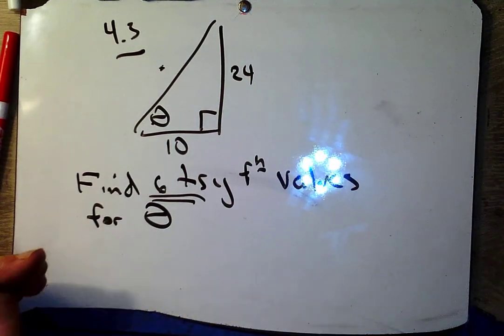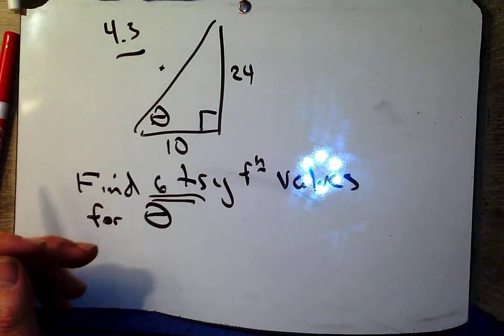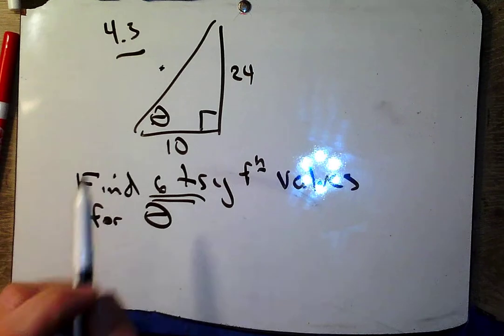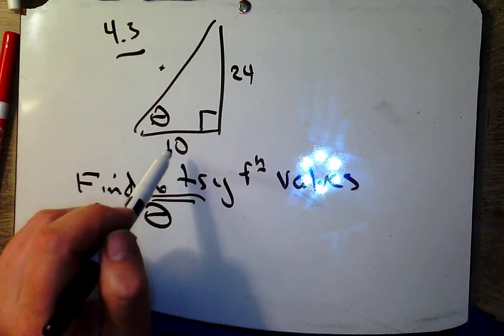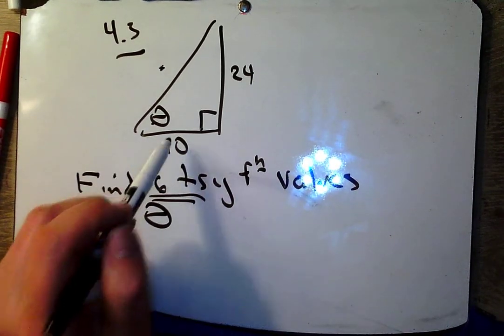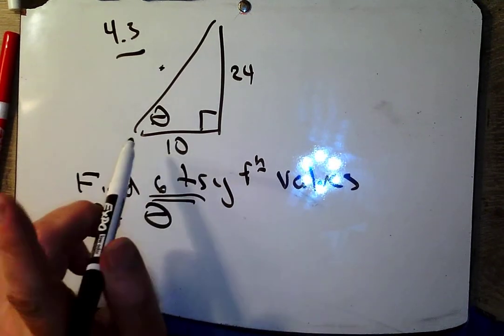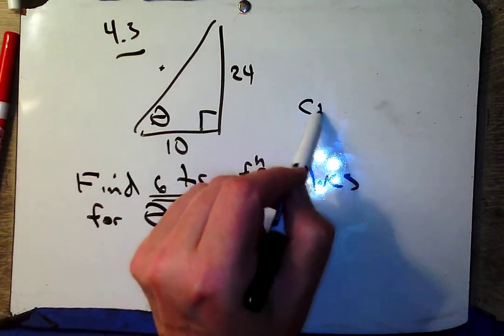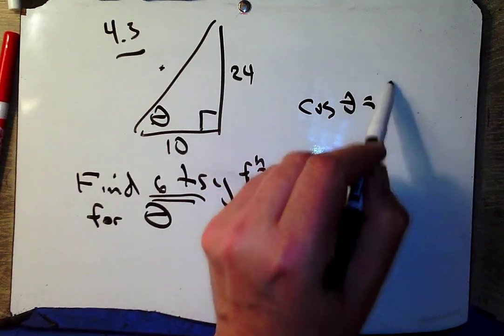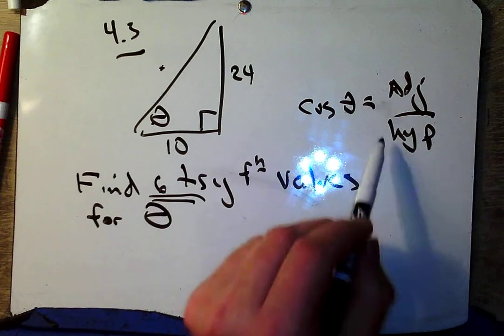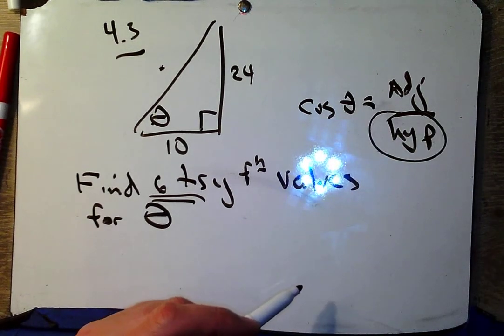But that's okay, because most of our trig moves off the unit circle just fine. Remember, though, when we're talking about not on the unit circle, I can't say that cosine is the x value. Cosine is not 10 here. Cosine of theta is going to be adjacent over hypotenuse. So see, I've got to find that hypotenuse.